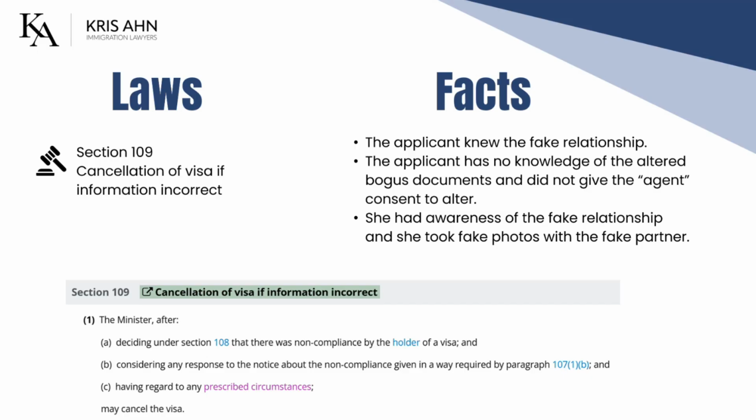So although she had no awareness about the alteration, she did not expressly give consent to the agent to commit fraud, but it implied that the agent could do whatever he liked. So basically, for this part, we can't make any argument saying that the grounds of the visa cancellation don't exist. So we accept that, and we didn't make any effort on this part.